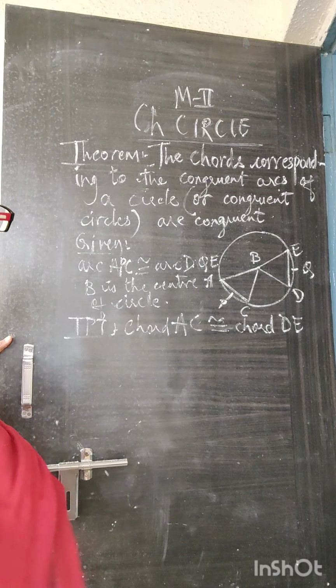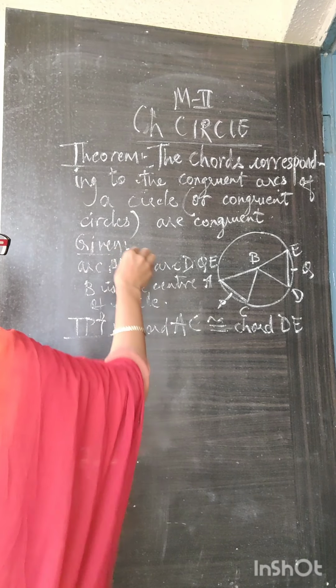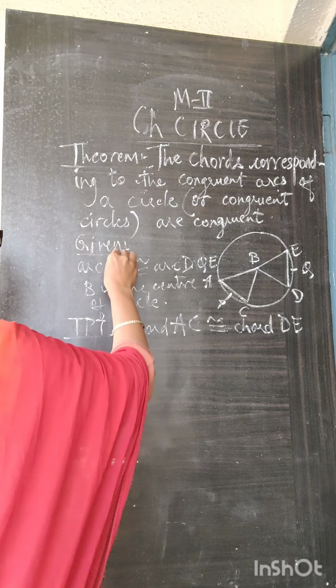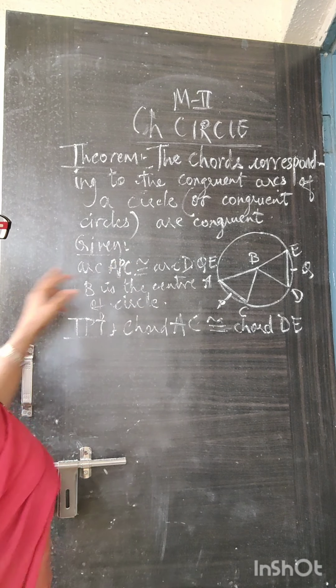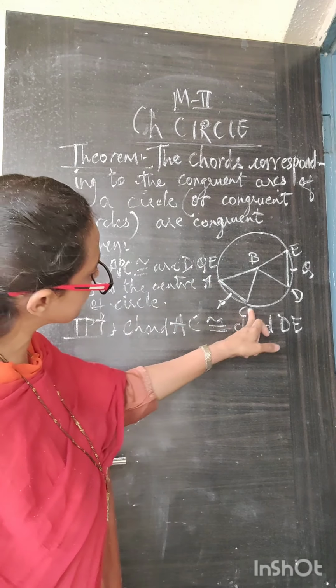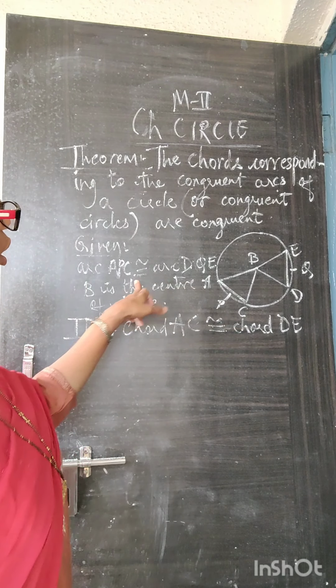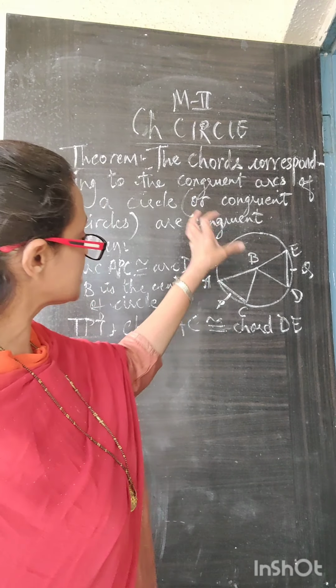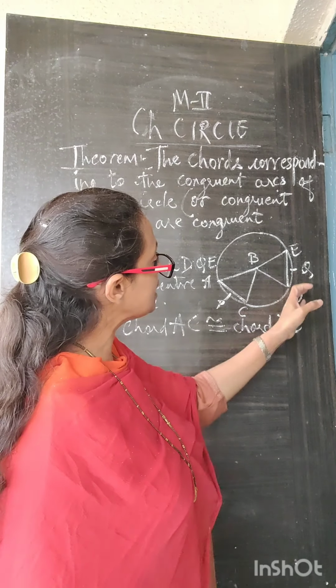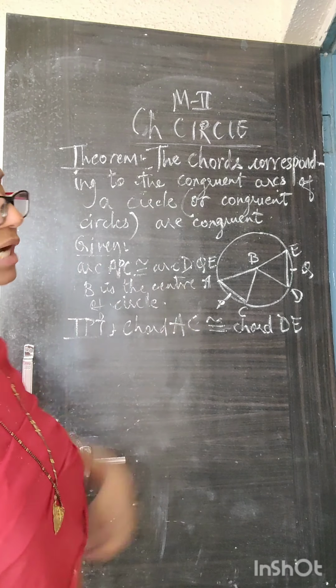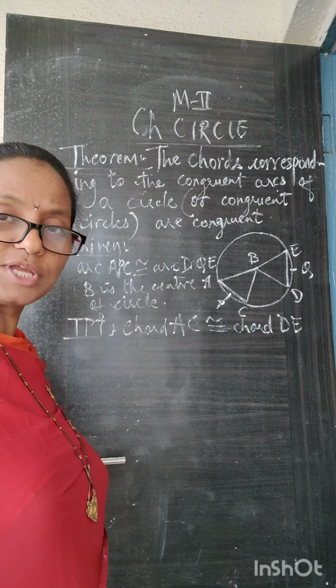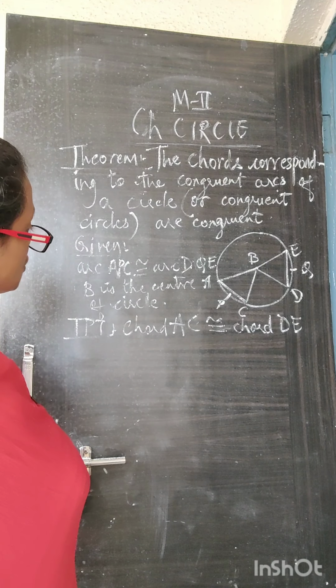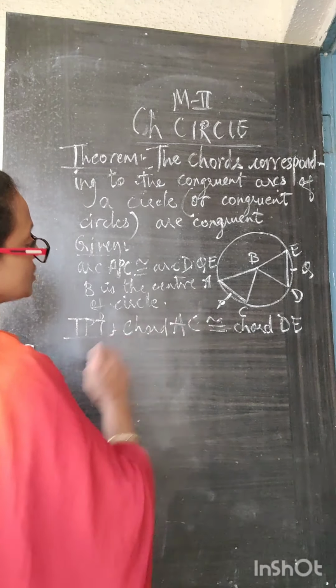Okay, so this is how we can name it as well, right? So in the given, arc APC is congruent to arc DQE, right? So we are naming the arc with 3 points of that arc, right? And B is the center of the circle, and you have to prove these chords are congruent.